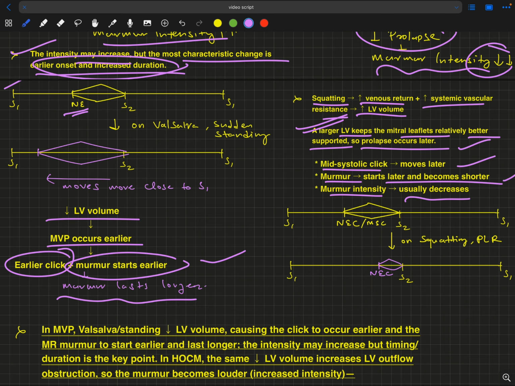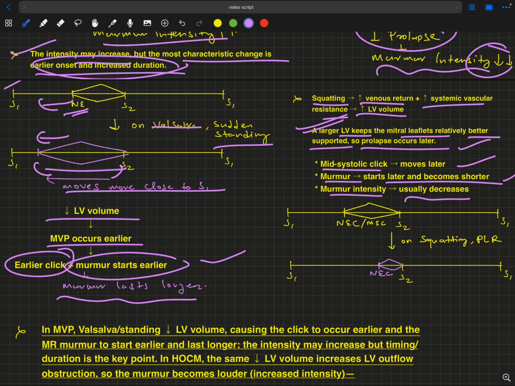The duration of the murmur, here you can see, is increased, and it is starting earlier, moving close to S1. So on Valsalva or sudden standing, the non-ejection click moves closer to S1, which will lead to a longer duration of the murmur.